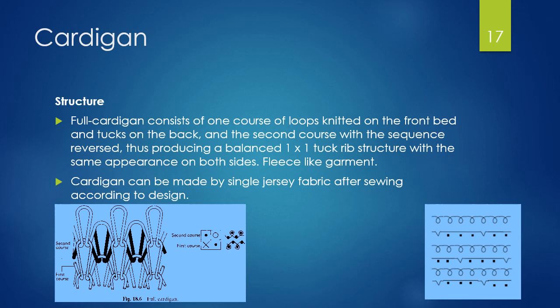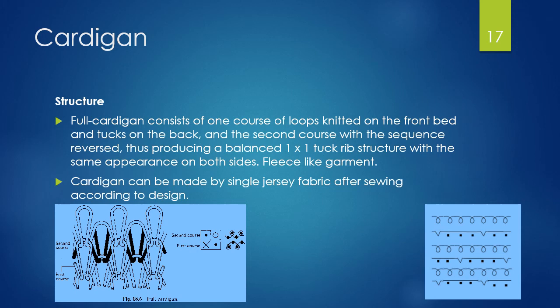A fleece-like garment cardigan can be made from single jersey fabric after stitching according to design. If we use single jersey fabric in manufacturing cardigans, we just make the fabric on a single jersey circular knitting machine and then stitch the garment according to the design of the cardigan.